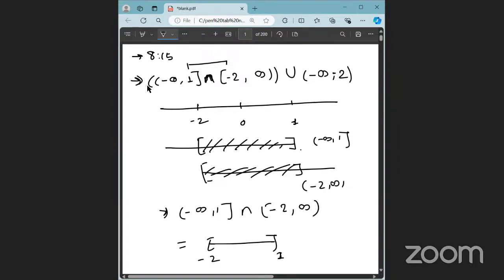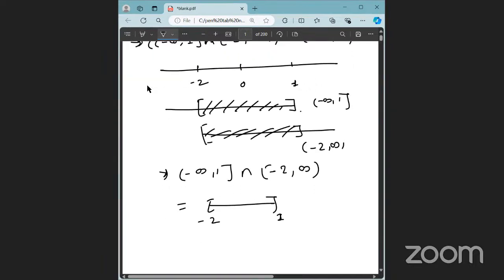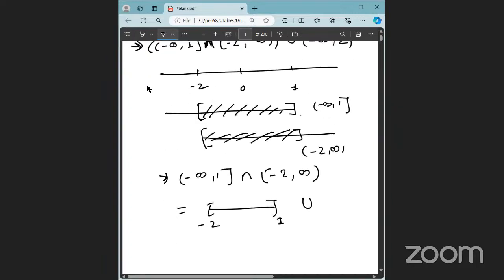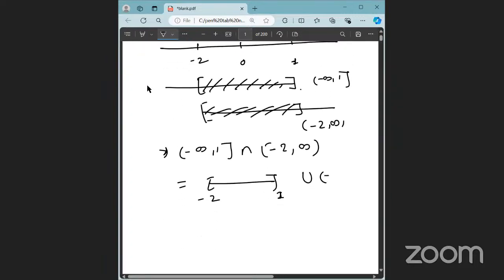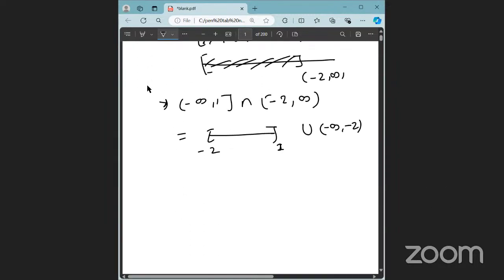And then we have to take the union of this line segment with the segment minus infinity to minus 2, and both of them are open. So this interval is actually this line segment.